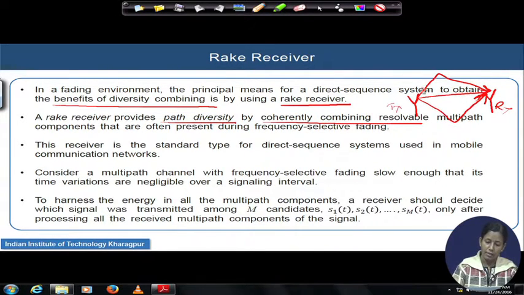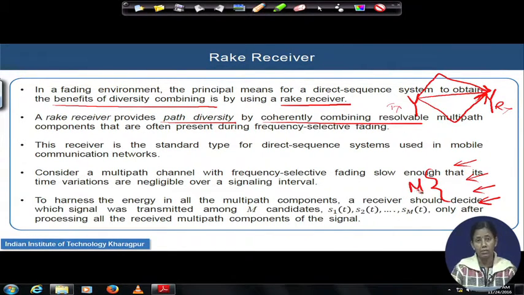To harness the energy over all the multipath component paths, a receiver should decide which signal was transmitted. Suppose I have an M-ary signal. If it is a QPSK signal, you will have at least 2 branches of it; if it is an M-ary signal, you will have M different signals corresponding to the transmitted signal, depending upon the basis functions you are using, with combinations of such signals constituting your signal.